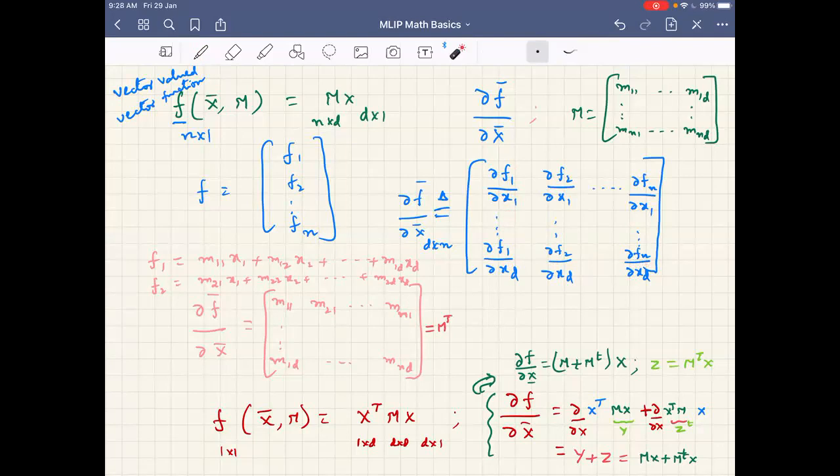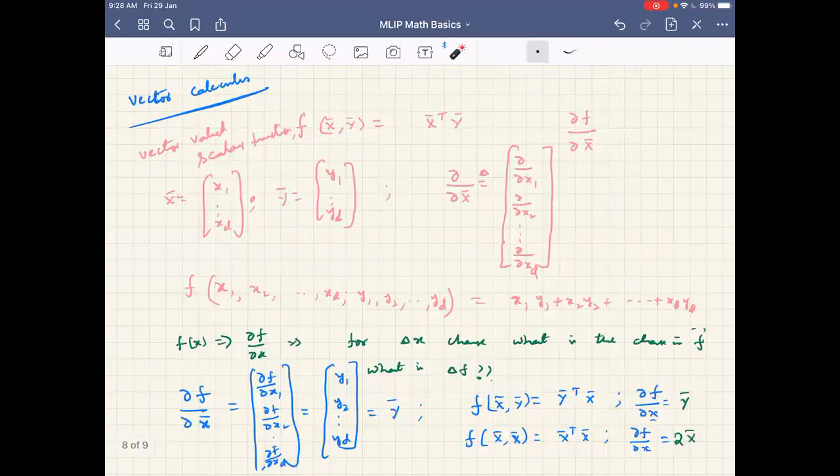Is it something like, as we discussed in the earlier class, dou by dou x bar is a column vector, dou by dou x1 up to dou xd, and f being another column vector, is it just a multiplication, dou by dou x bar into f transpose?